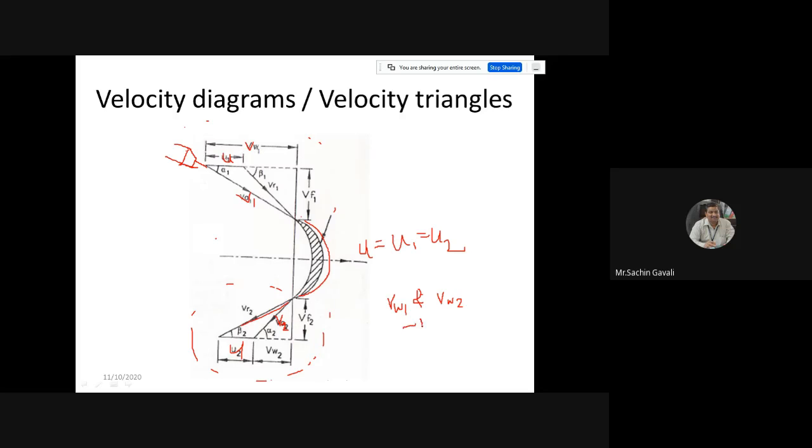These are called whirl components, responsible for the moving action of the blade, or work done. And vf1 and vf2 are flow components. They are responsible for the flow of steam throughout the turbine or the blades.